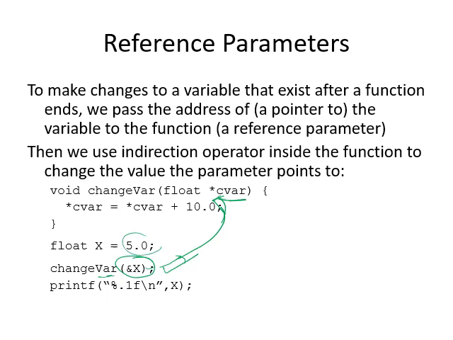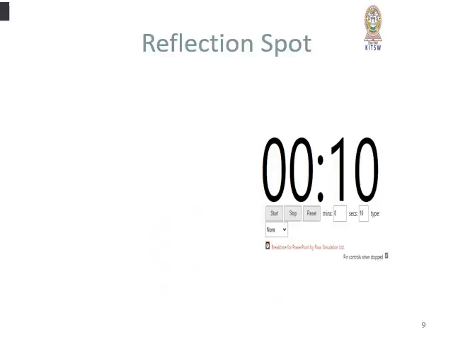To pass the value 5, in the function definition we have to use a pointer which will go to the address of x. From there it will extract the value present at the address location of x. Then we do a calculation: to 5.0 we add 10.0, and when we print it, we get 15.0 as the answer.